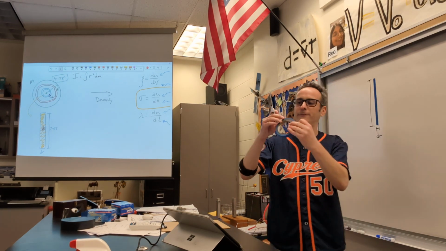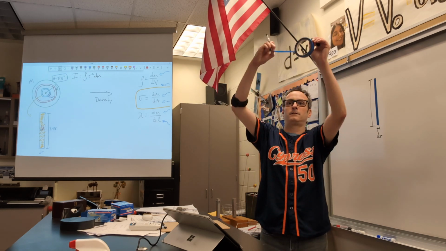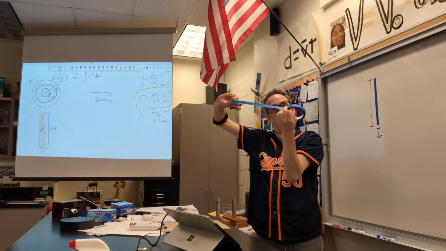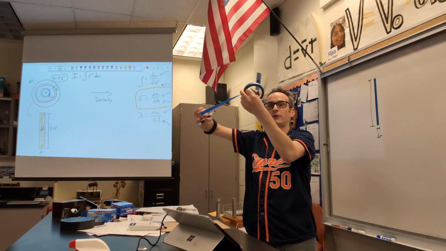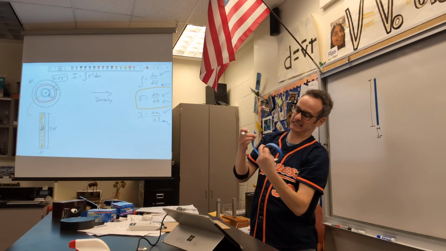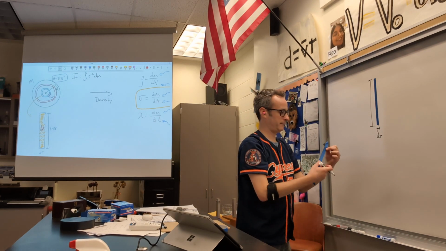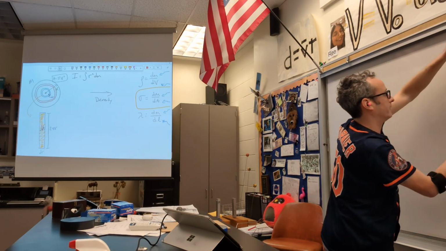So I pulled it off, 2 pi r, right? Because I pulled it off of the circle of the disk, right? And I could take this one and add it here, but I'll do that later.